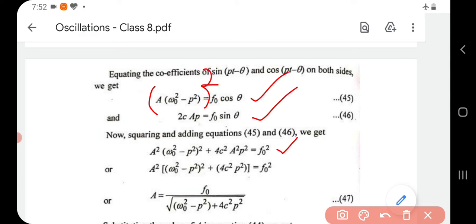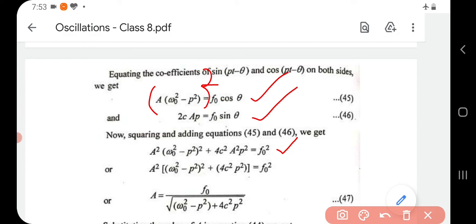Then what about the RHS? The RHS will become f0 square times sin square theta plus cos square theta, that is 1. So you will get your RHS as f0 square. So you just write each of these steps on paper, then only you will be able to understand.